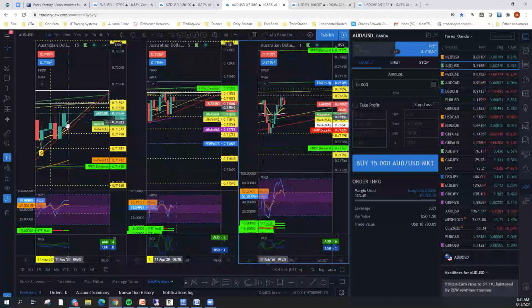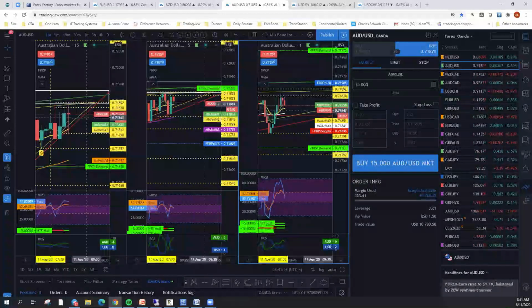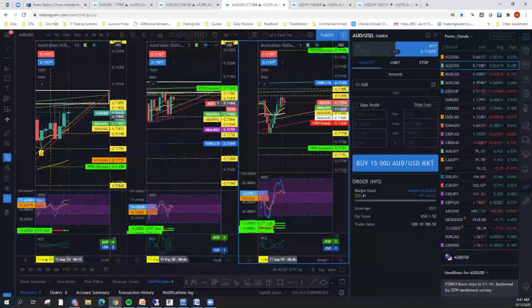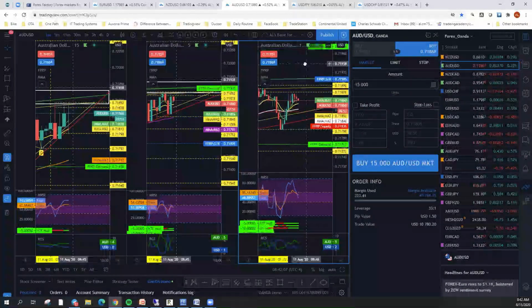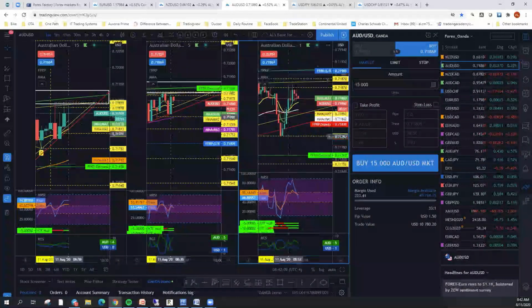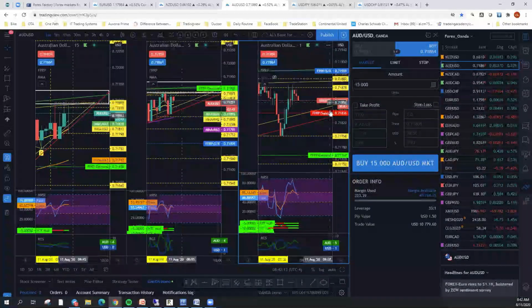We have the close above all of them on the 15-minute. We have a close above all the moving averages on the 5, and a close above all the moving averages on the 1 minute. 1 minute goes back and forth a lot faster, so you can't hold a lot of weight on that one.